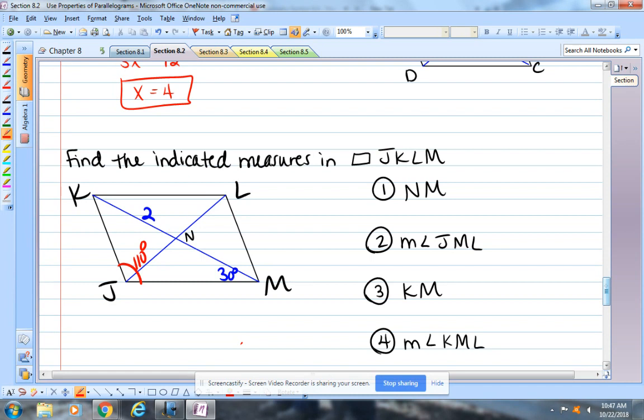And this 110 degrees is all of angle J. That is the symbol for parallelogram, except mine are just never straight.